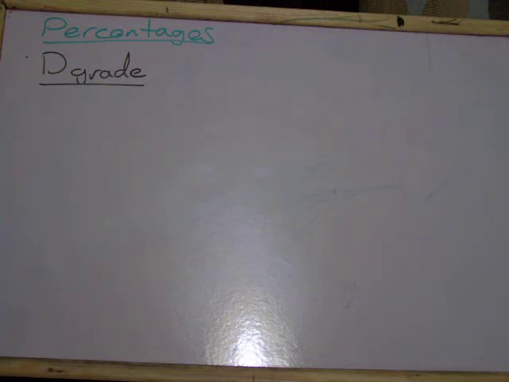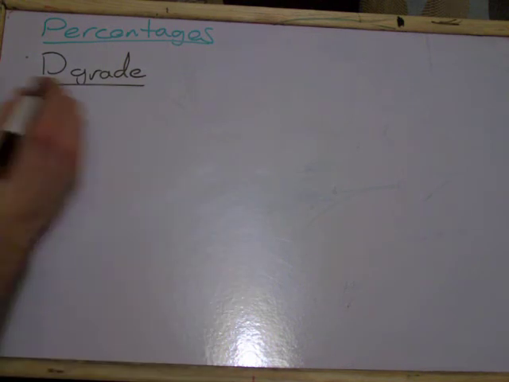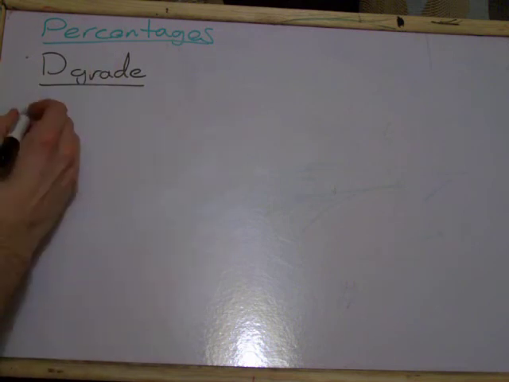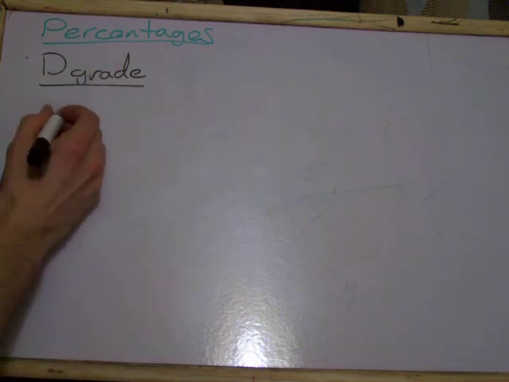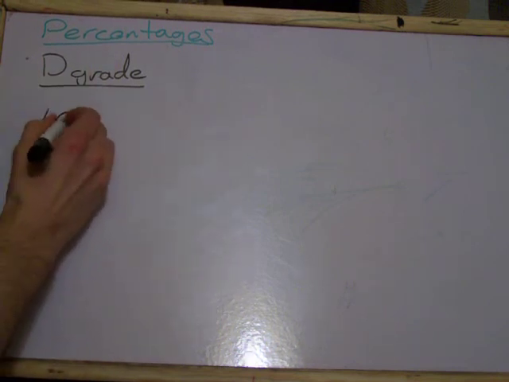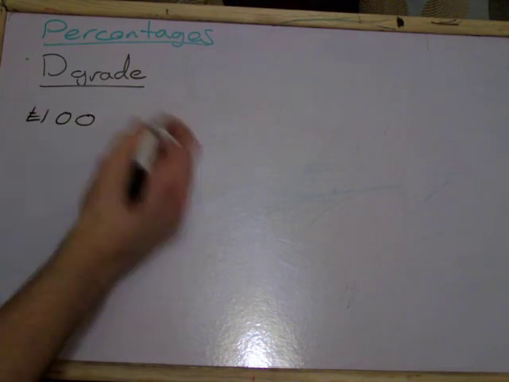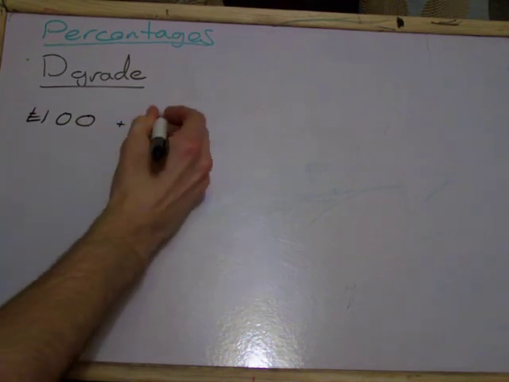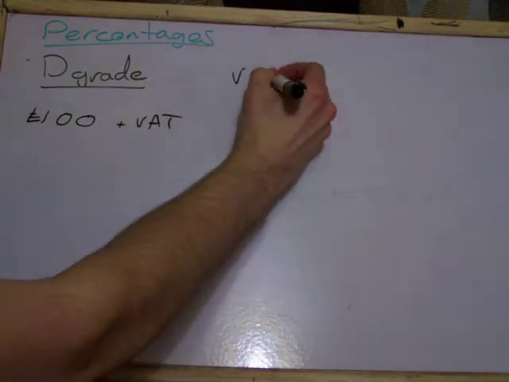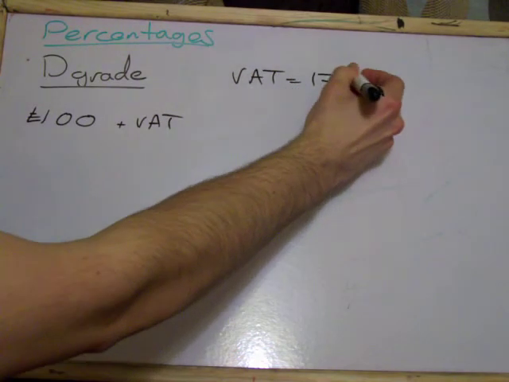Now VAT is currently 15%, but for an exam purpose it may have been written before the reduction, so it might be at 17.5%. So if somebody's wanting to increase something, so a shop costs a product at £100 and they want to add on VAT, and your VAT equals 17.5%.